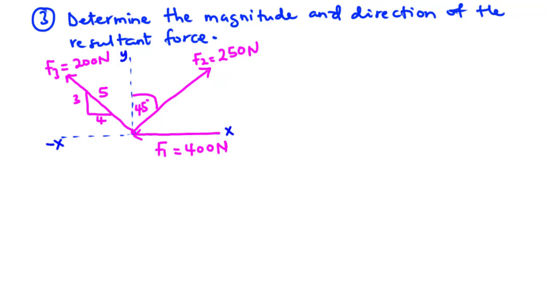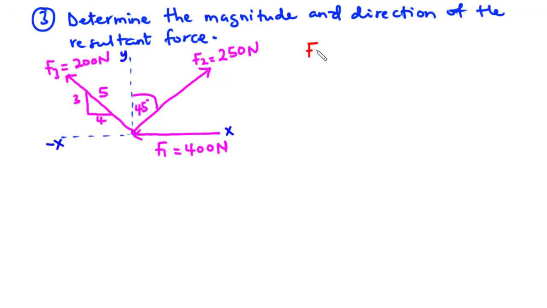So for the third example, we have three forces. We have F1 400 newtons, F2 250 newtons, F3 200 newtons, and we are going to find the magnitude and direction of the resultant force. So let's write the forces and the angle they make with the positive x-axis.